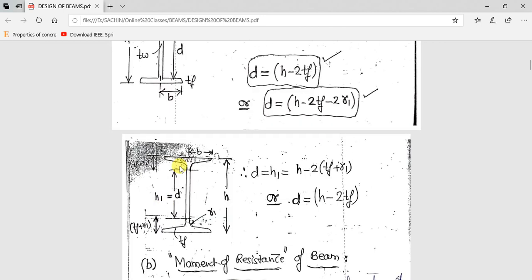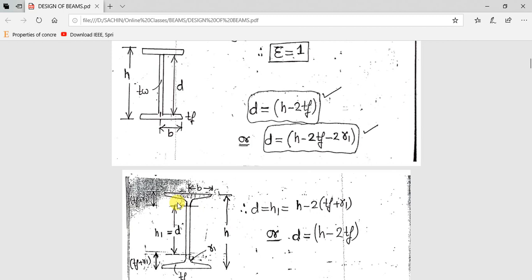If this section is used with root and toe radii, then d will be equal to h1. This h1 value will be directly given from the steel table for particular sections. This is the total height h, and this is b, once again the same, and this is the root radius. This root radius starts from here and ends till here, and once this radius ends, the thickness of the flange varies from this particular point till here.